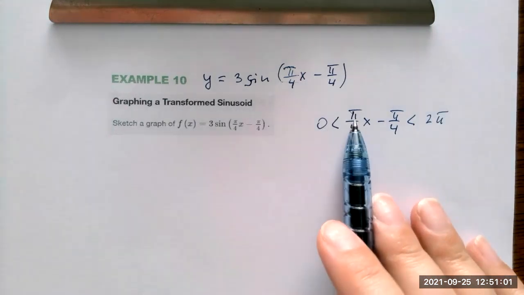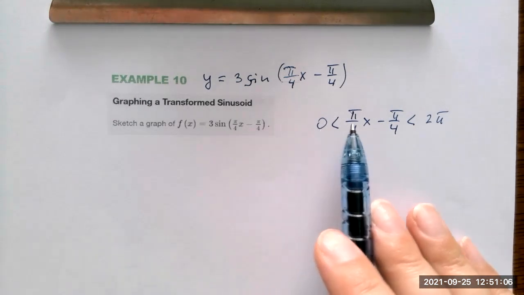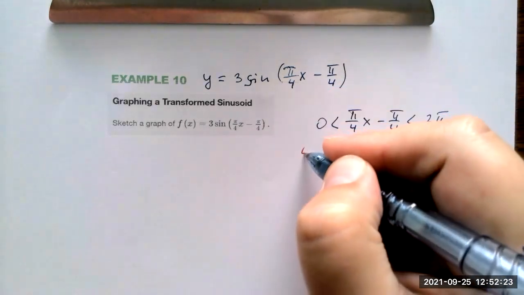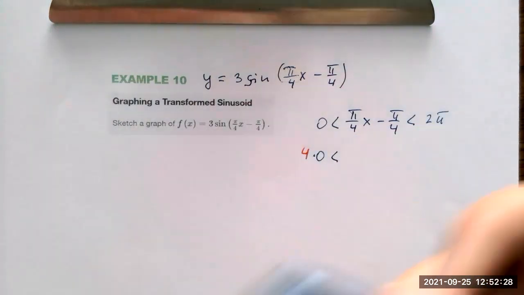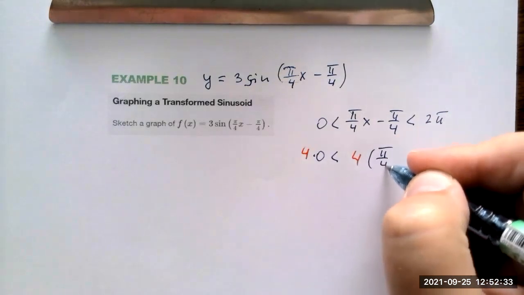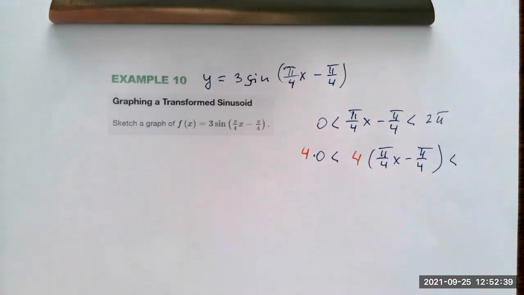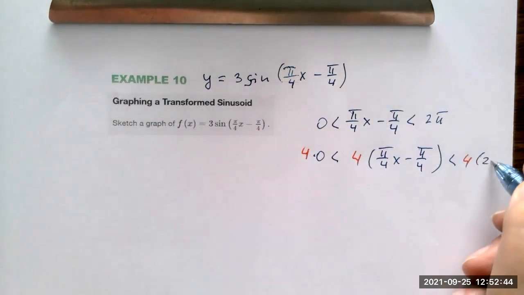Since it has 3 parts rather than just 2 parts, we're gonna multiply each part by 4. So we're gonna have 4 times 0, and then we have 4 times pi over 4x minus pi over 4, and then 4 times 2 pi.